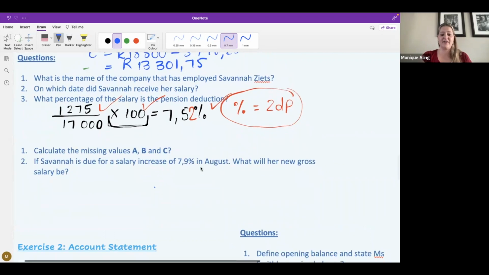It's just the salary. Does it say gross salary in the question?